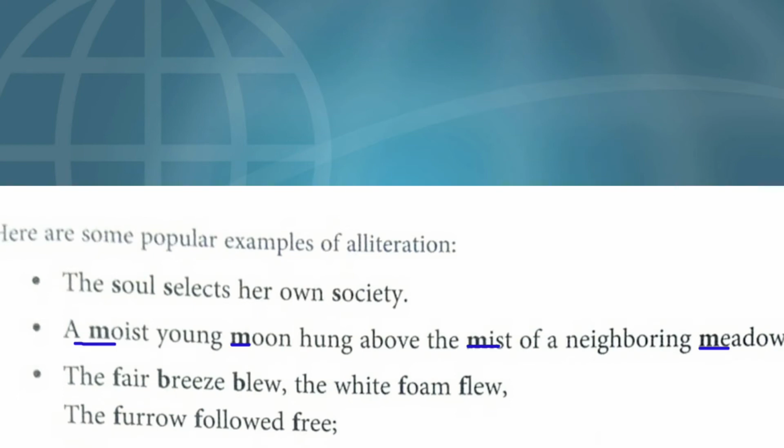A moist young moon hung above the midst of a neighboring meadow. Find the alliterations right now. Moist, moon, the same sound is repeated, and midst and meadow. So the same consonant sound is repeated in a line, especially in the beginning of the words.